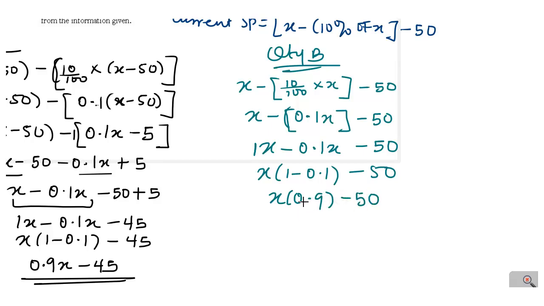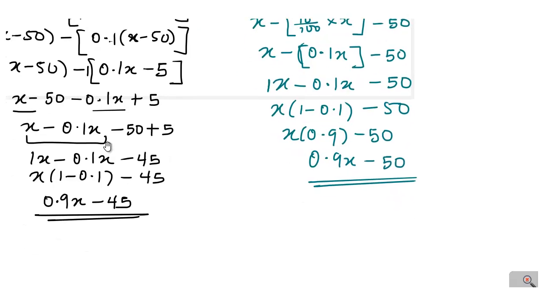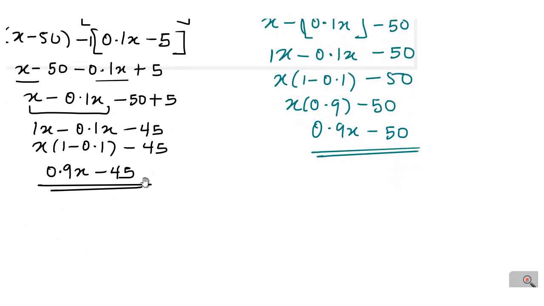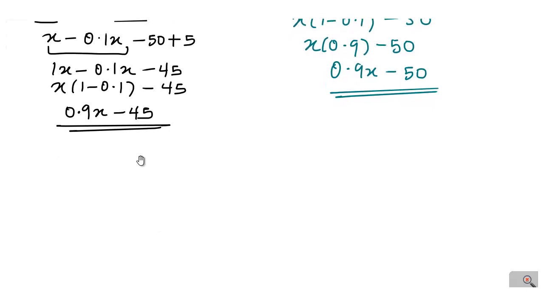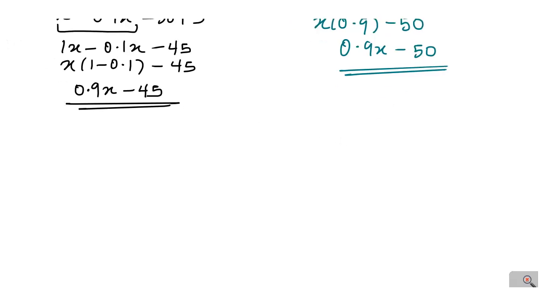So x times 0.9 is 0.9x minus 50. This is quantity B. By observation we can see that quantity A will be greater, because quantity A gives us 0.9x minus 45, while quantity B gives us 0.9x minus 50.